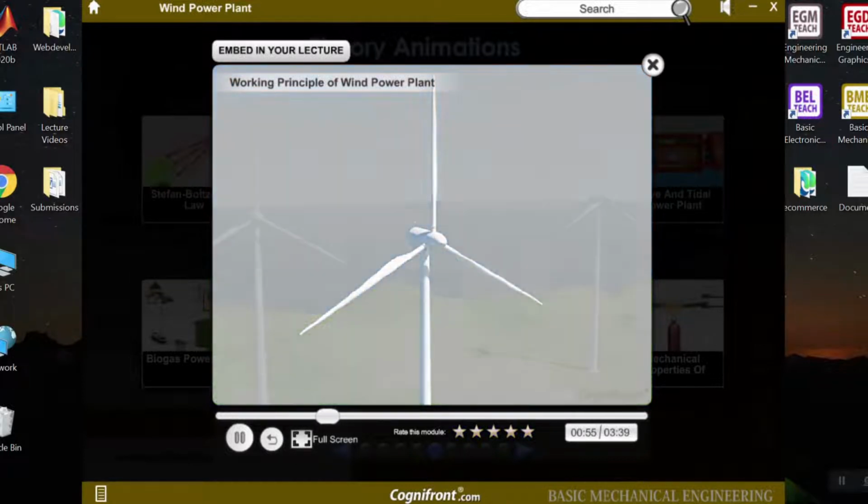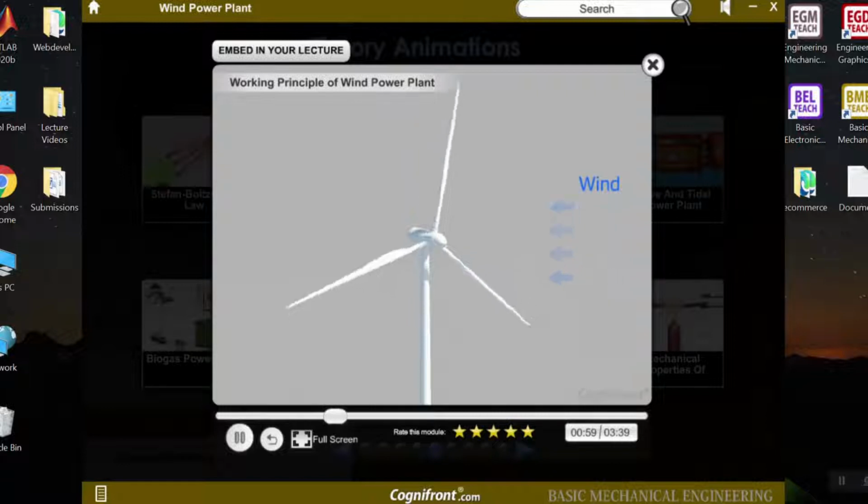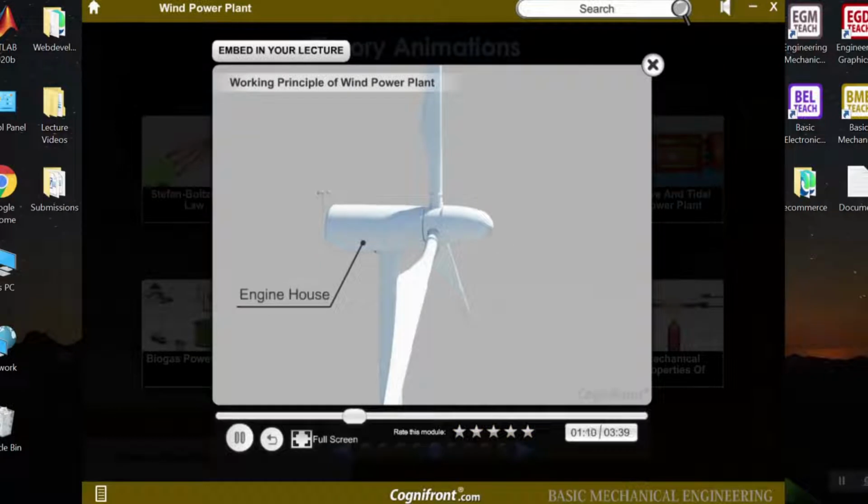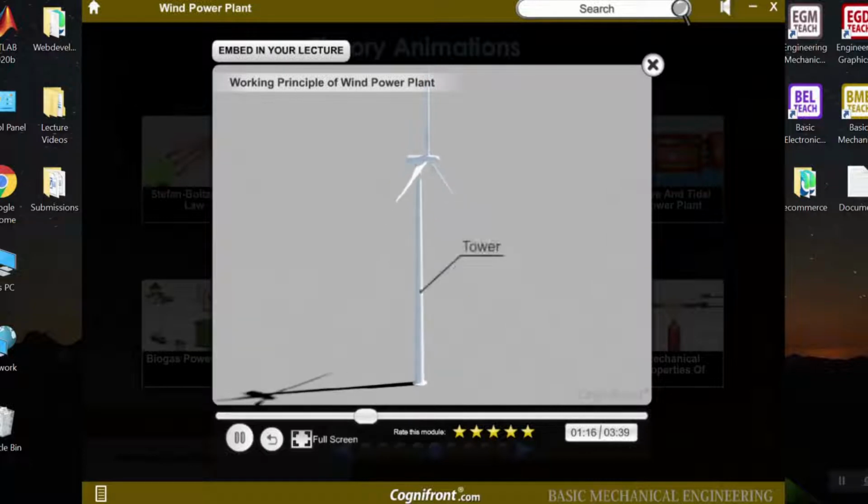Here, the turbine uses wind to generate electricity. The hub and the blade can be together called as the turbine or the rotor. There is an engine house behind the turbine and it is called as the nacelle. Nacelle is mounted on the tower to get more energy.